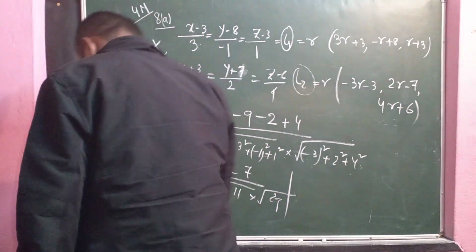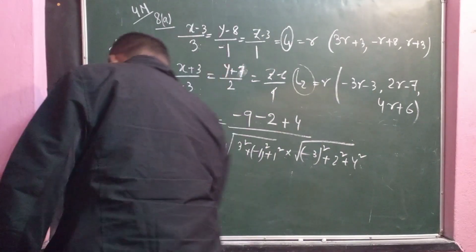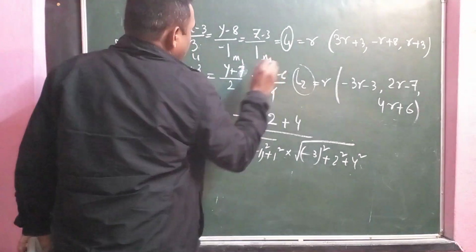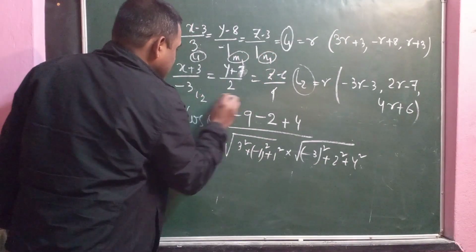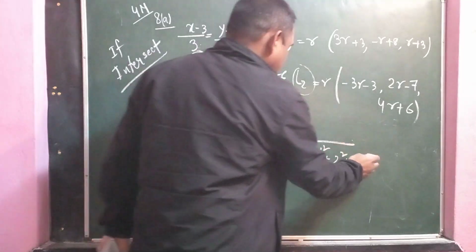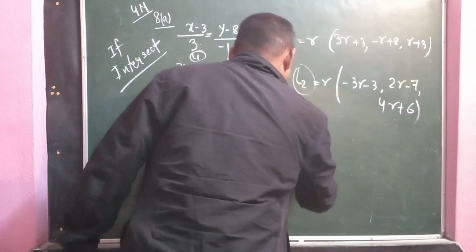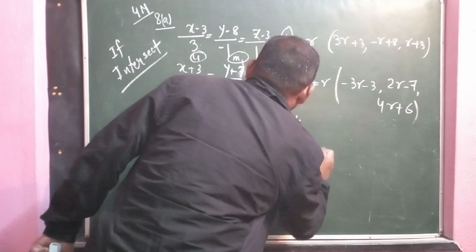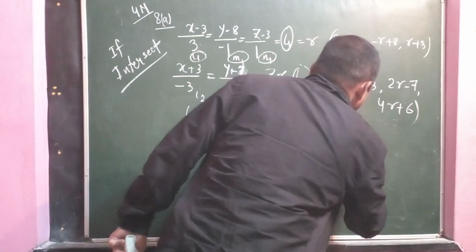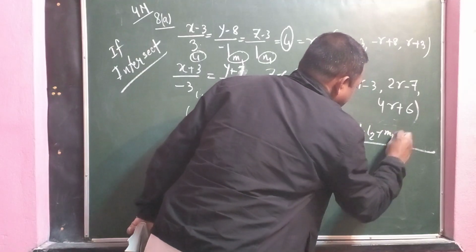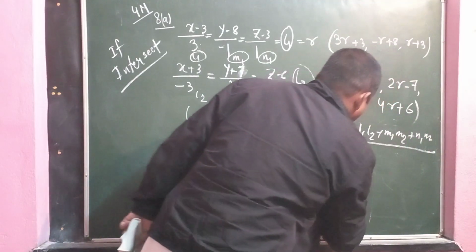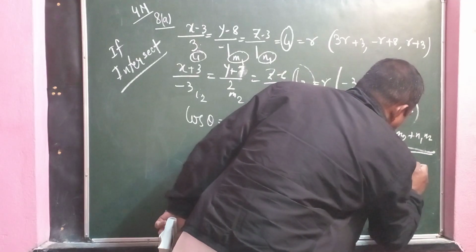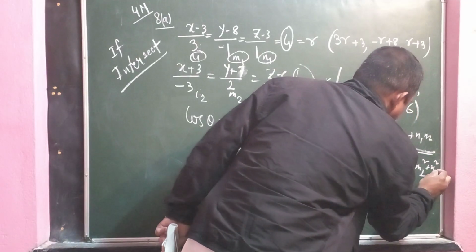Okay, because the formula for this will be: suppose this is L1, M1, N1, the direction ratios of the first line, and this is L2, M2, N2, the direction ratios of the second line. The cos theta formula will be L1 L2 plus M1 M2 plus N1 N2, divided by root over L1 square plus M1 square plus N1 square, into root over the second line's direction ratios squared.